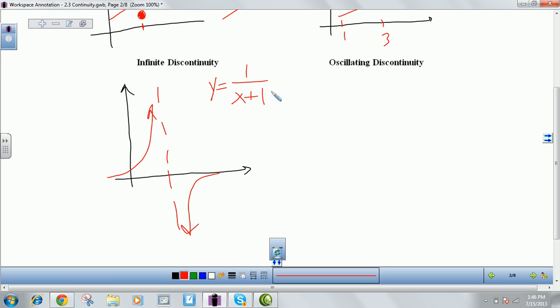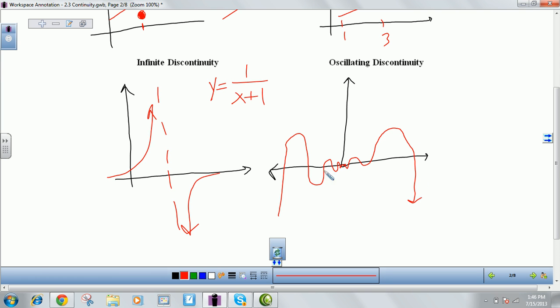And the last one, and the least common, is an oscillating discontinuity. I've never seen it show up on an AP exam, but we're going to quickly go over it because it's not all that difficult. It's kind of like a sine wave that gets wild as it gets closer and closer to some point.